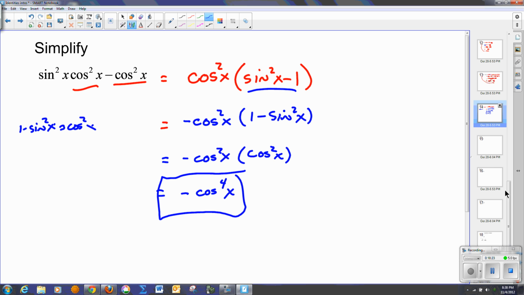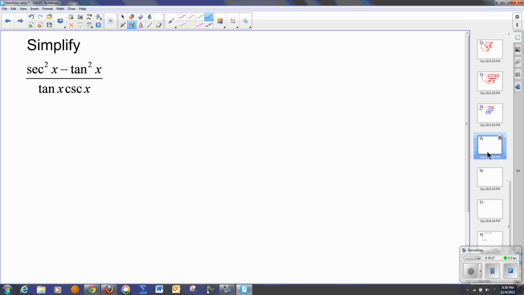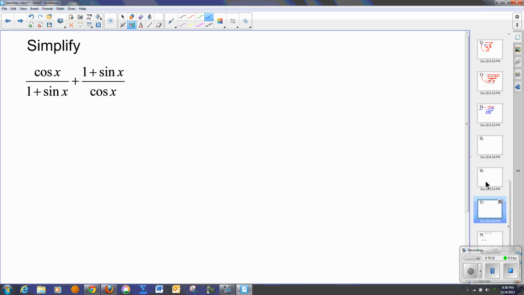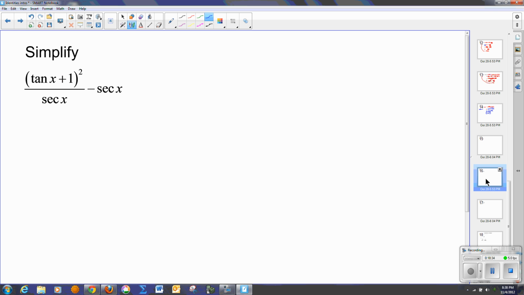All right, let's keep moving here. Let's see, how many more do I want to do? Let me look at these. All right, I think I'm going to do 2 more. So let's do this one. Again, I notice I have a squared term here. I'm probably going to have to FOIL that out. Maybe, maybe not. I notice that I'm going to have a subtraction here.